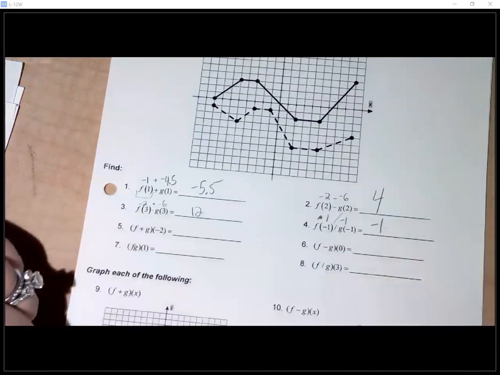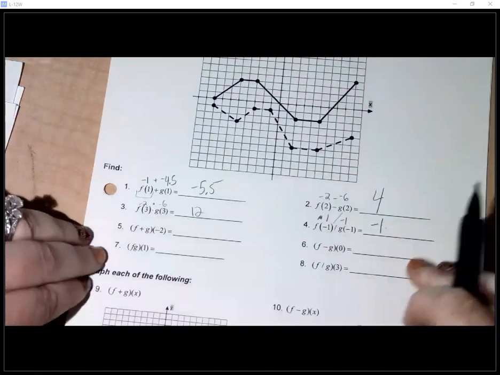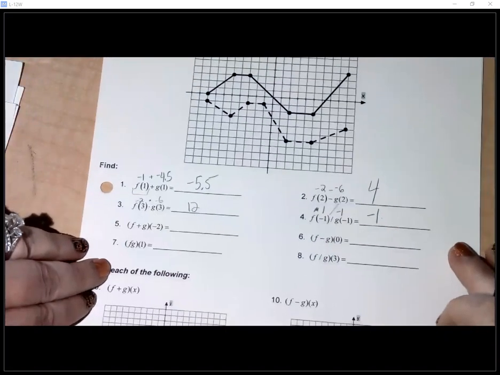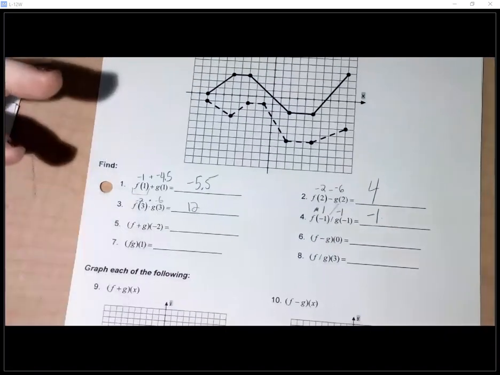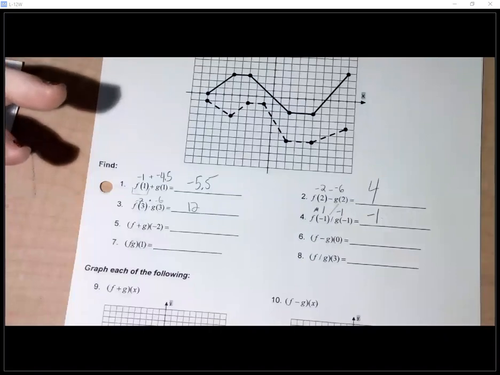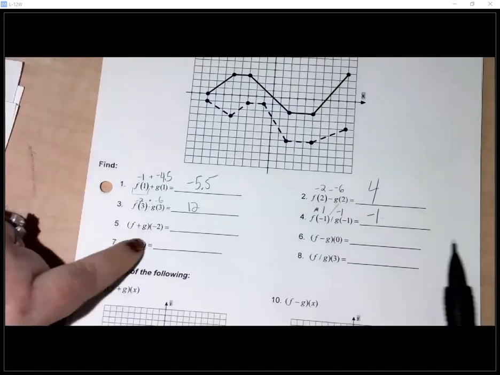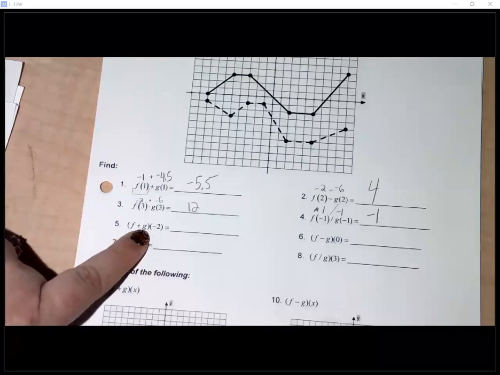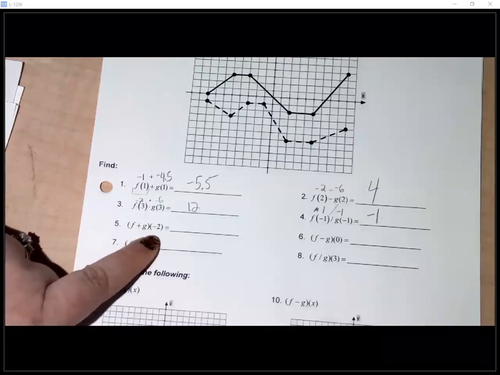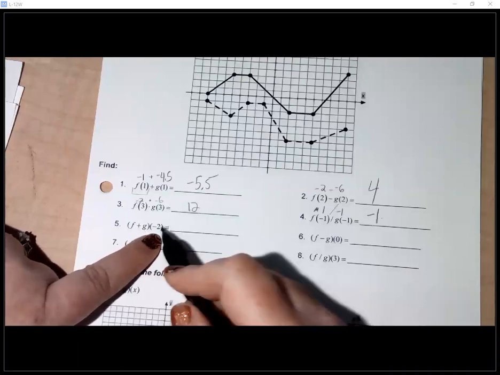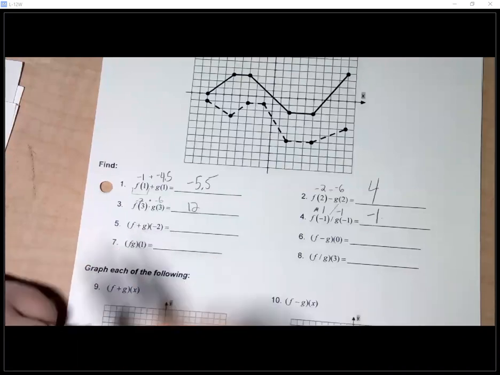Now, 5 through 8 looks a little bit different, but it's actually just a different style of notation. It really means the same thing. See how number 5 is written f plus g of -2? It's the same thing. You're just going to take -2, plug it into the g, plug it into the f, and add them together.